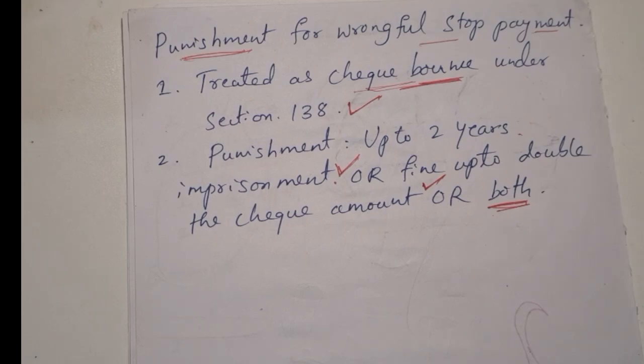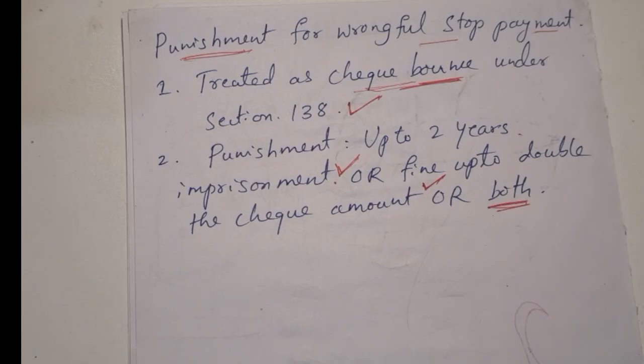And if the check was only for security purpose, with no liability, then there is not going to be any case under section 138. And if it is proved in court, then definitely there is a punishment, not only imprisonment, there is also going to be a fine or both.